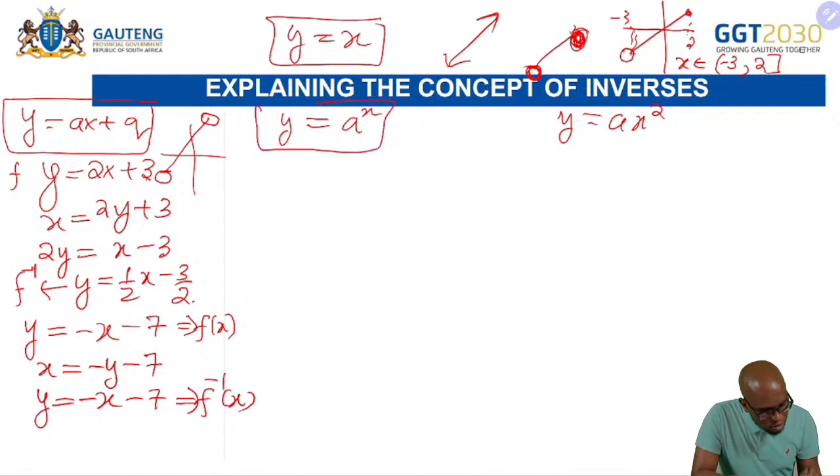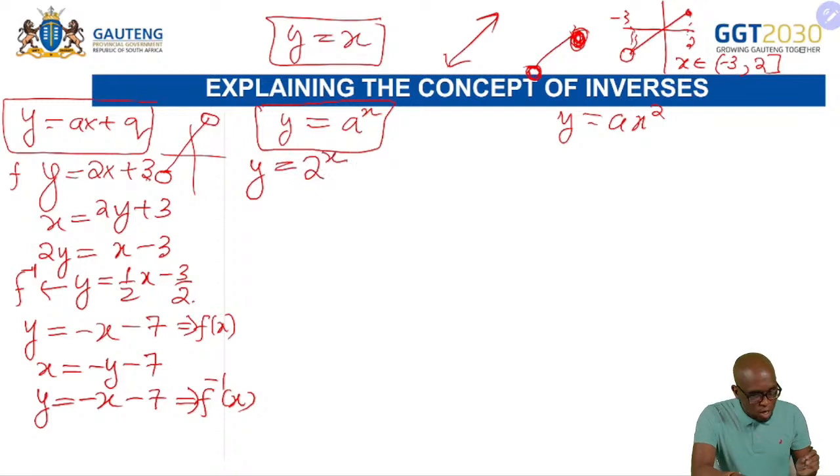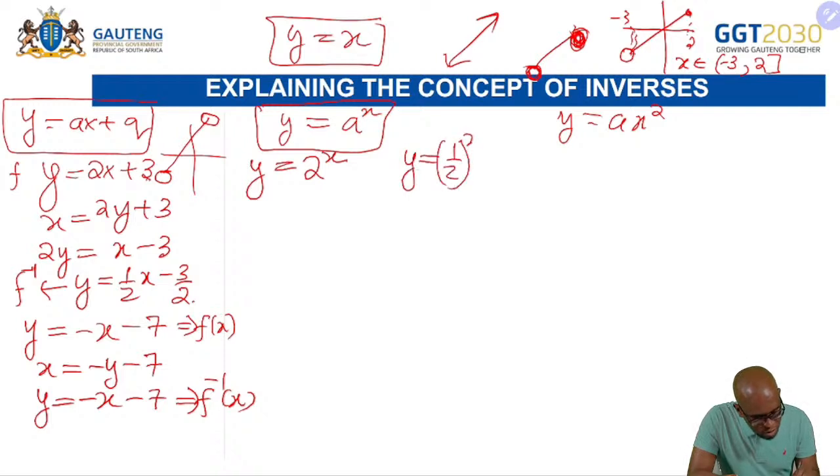Right, let's move on to the exponential functions. y is equals to a to the x. If for an example you have y is equals to 2 to the x, then you have y is equals to half to the x. These are functions.